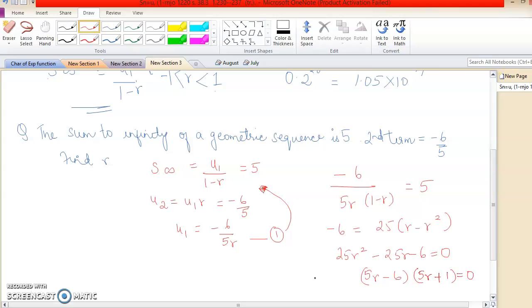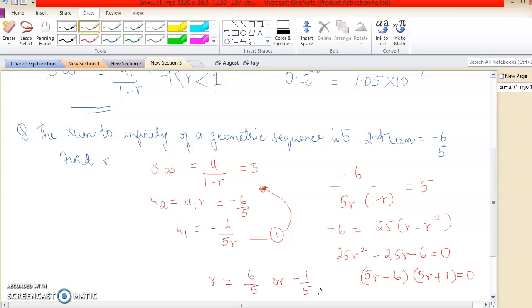Now you do know how to solve these terms to find the value of r. So our r is going to be 6 over 5 or -1 over 5. Now what is important here for us to understand is that this geometric series will only be converging when the value of r is between -1 and 1.